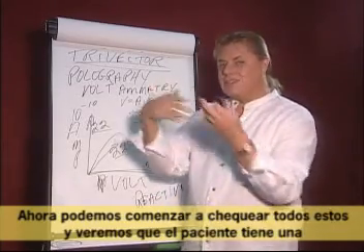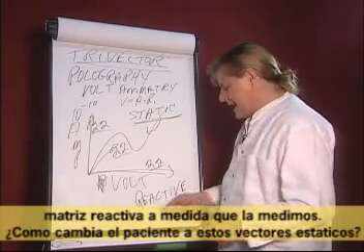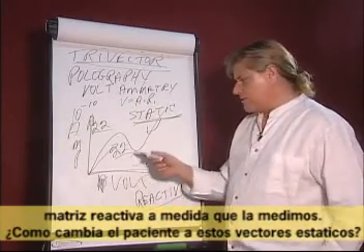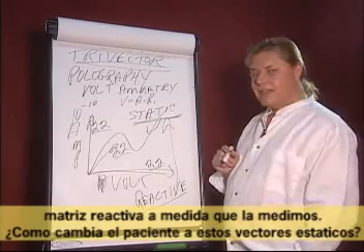So now we can start to check all this. We will see that the patient has a reactive matrix as we measure it. How does the patient change to these static vectors?